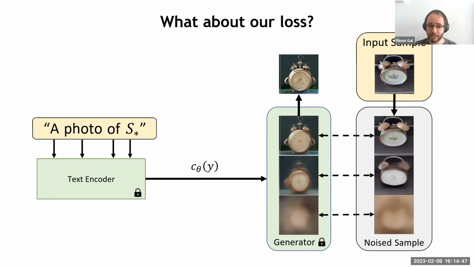And again, the only thing that the training process can change is the embedding for this new word. So this sort of training approach really motivates the model to put as much information about our object inside the word embedding. Right.